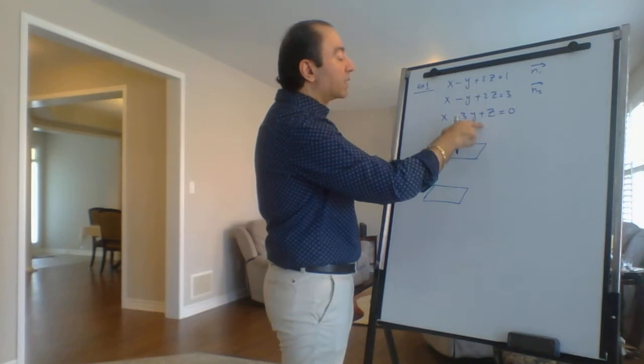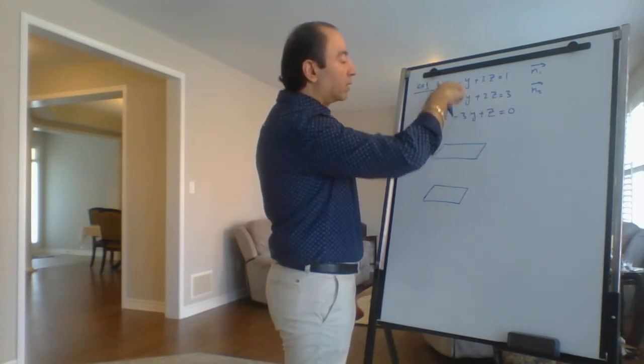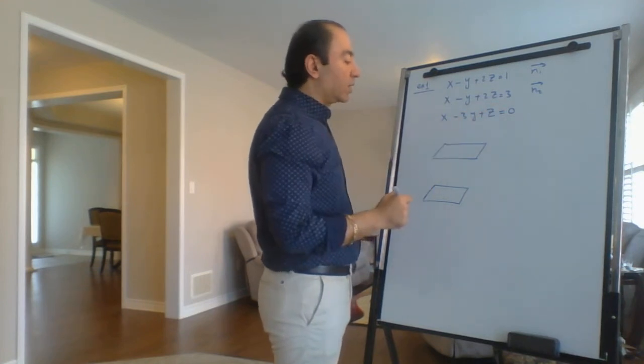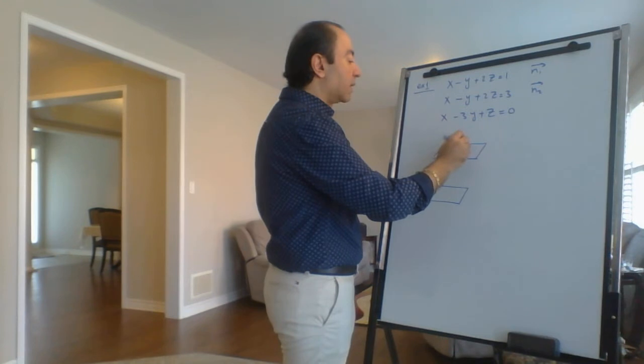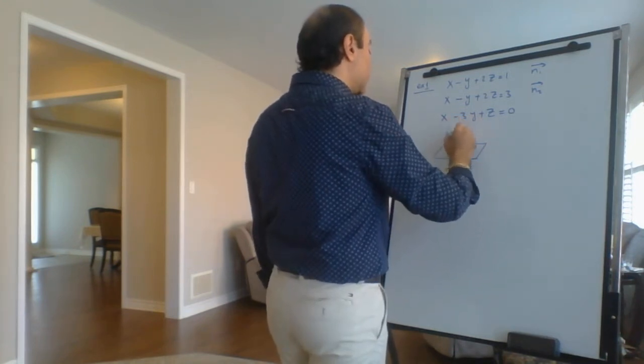The third one is not a scalar multiple of any of those, and of course the whole equation is not a scalar multiple, so this plane will cut these 2 planes.